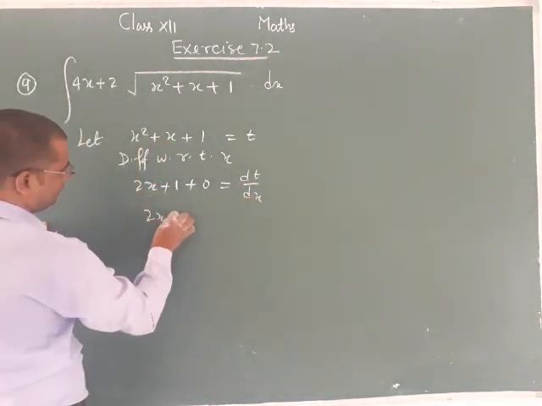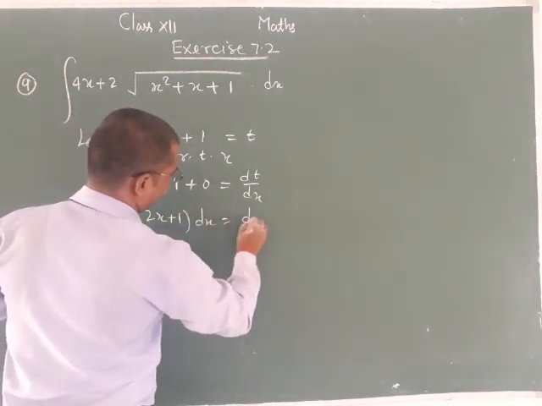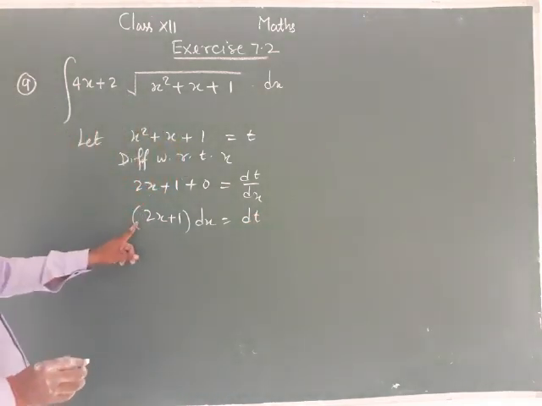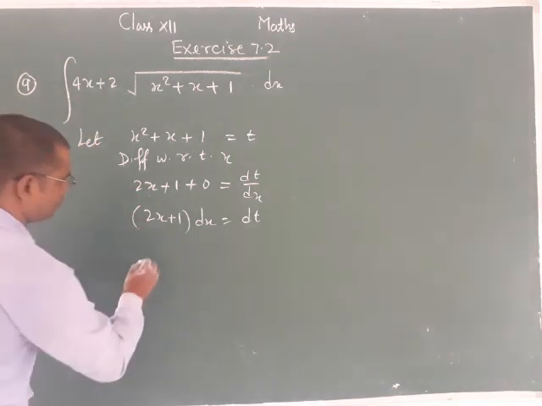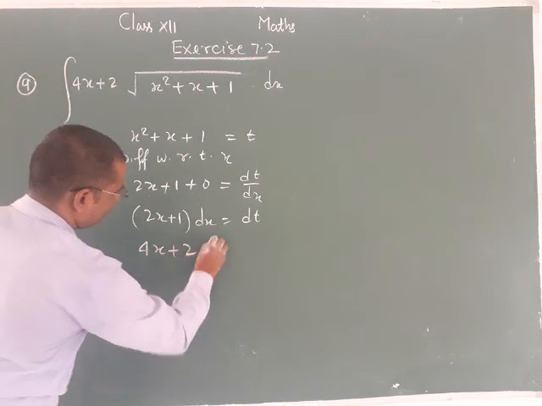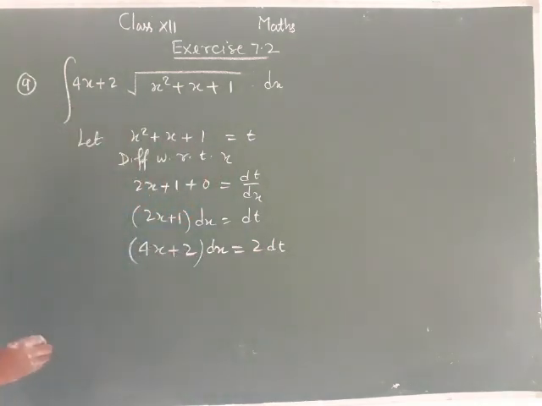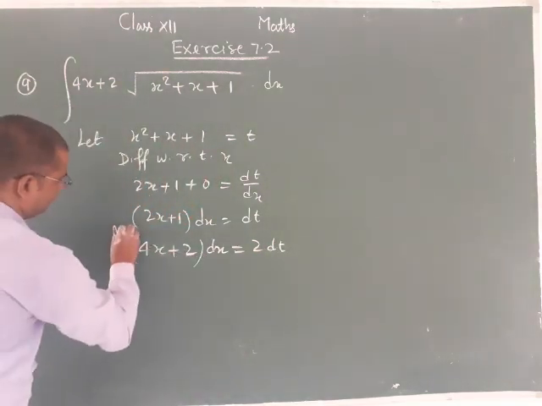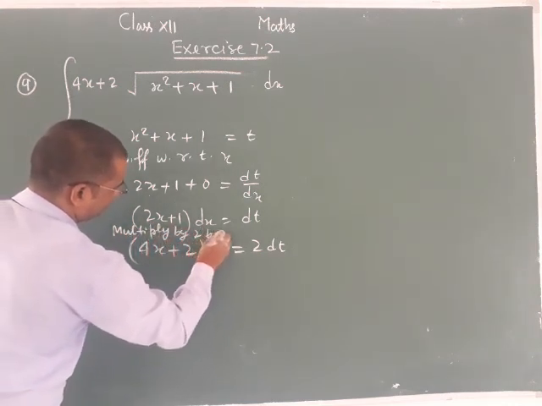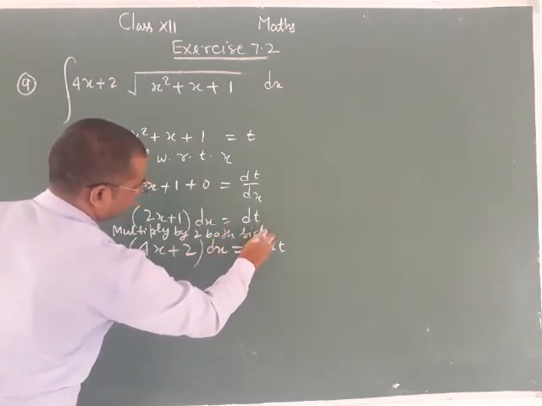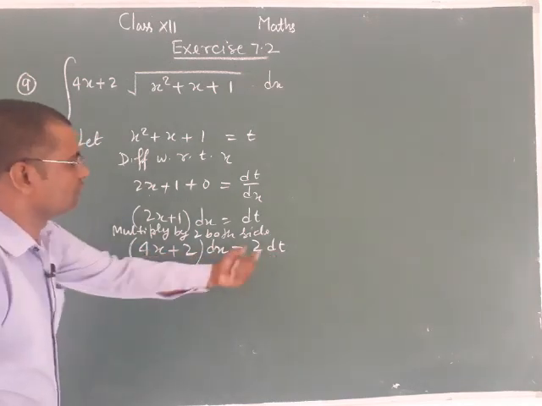Now (2x plus 1) dx is equal to dt. Now multiply by 2 on both sides. So (4x plus 2) dx is equal to 2 dt.